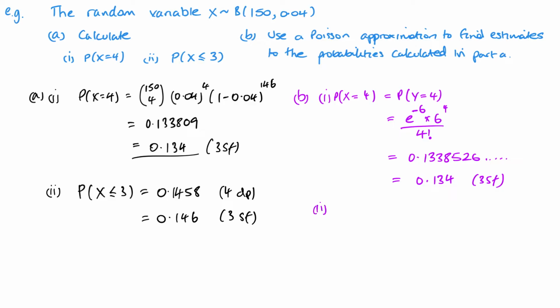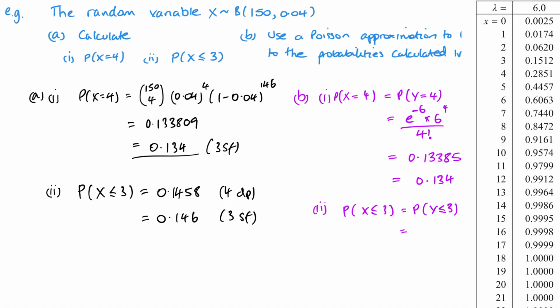Now, part 2, we're looking at x being less than or equal to 3, or y being less than or equal to 3 in this particular case. And again, I could use the calculator, but I'm obviously going to use the tables. Looking up 3 in my tables, I get 0.1512, which actually is a little bit off from my first answer.